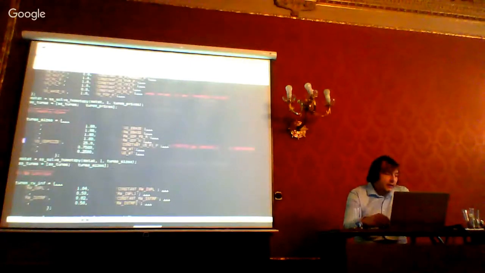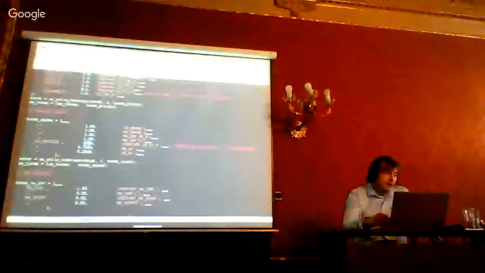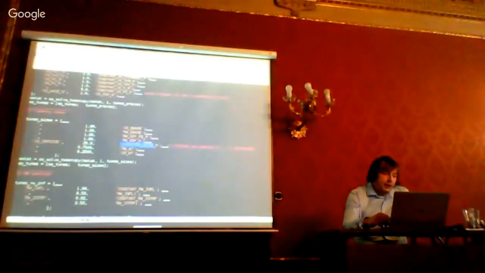The country sizes here: we calibrate the country size of US to be 25% of the whole world. There is a variable US GDP size, and we calibrate it to 25 using the deep parameter here.